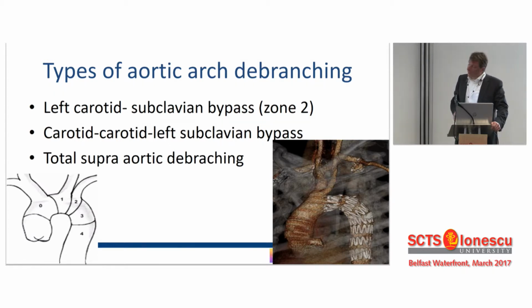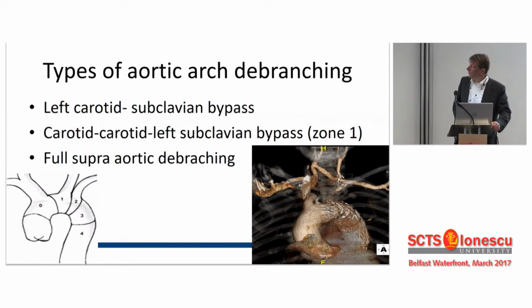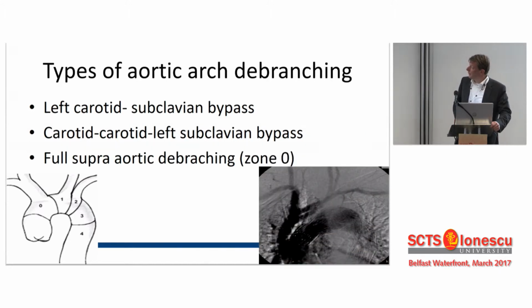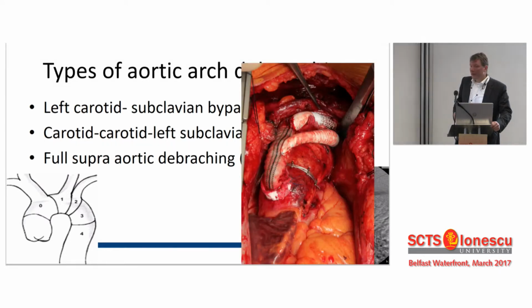So if you have to cover zone 2, a left carotid subclavian bypass or transposition is the simple way to go. A little bit further on is a carotid left subclavian bypass. And if you have to go into zone 0, full aortic debranching is a way to go.